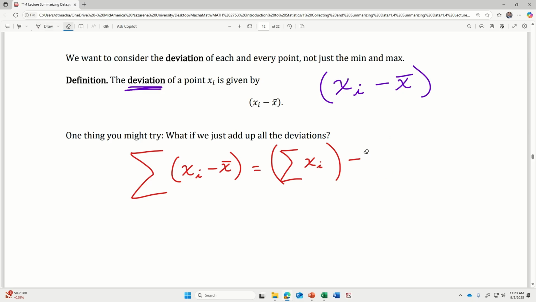Well, every single measurement is subtracting away the mean, so there would be n copies of the mean.